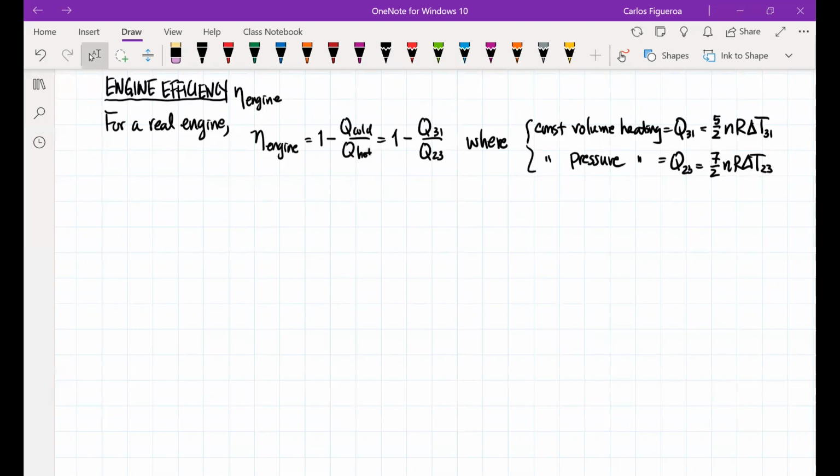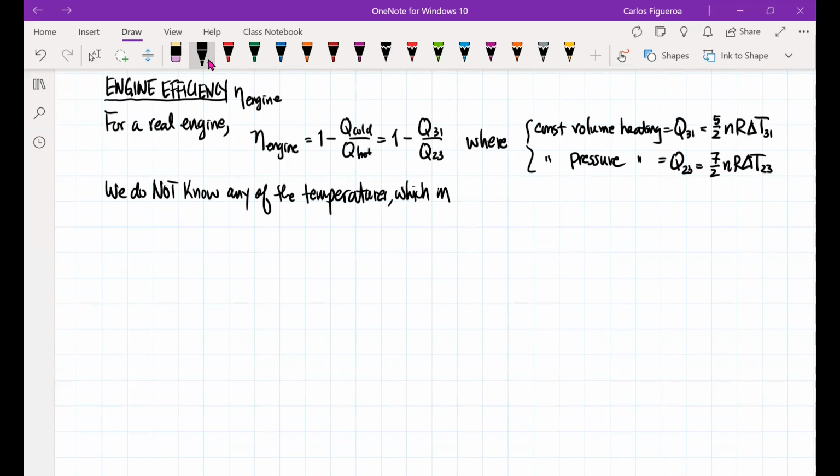Now, the one thing that we see here is that we do not know any of the temperatures. Which means, in order to answer this question, we must calculate T1, T2, T3.